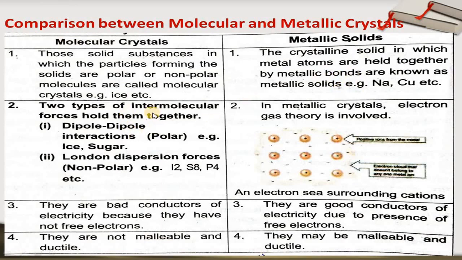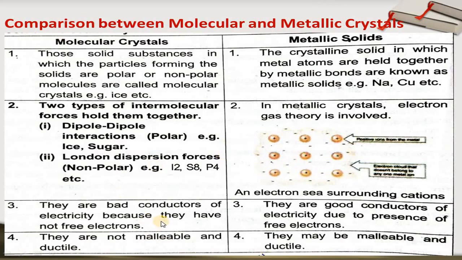The intermolecular forces in molecular crystals are of two types: dipole-dipole interactions in the case of polar molecules and London dispersion forces in the case of non-polar molecules. While in metallic solids, we have the electron gas theory, with the electron sea surrounding the positive ions.